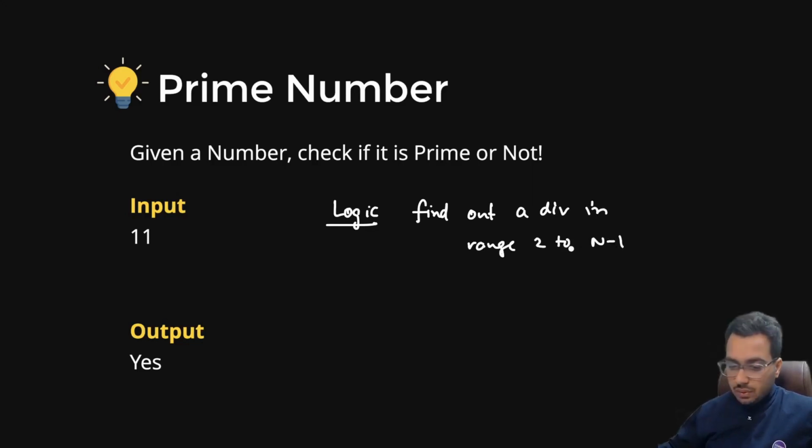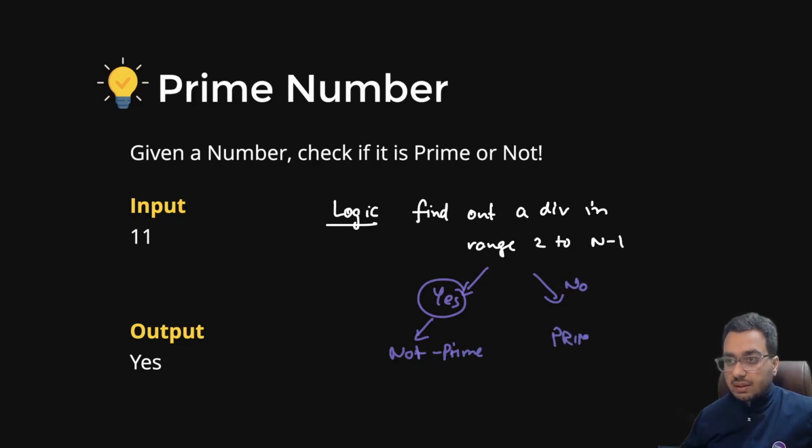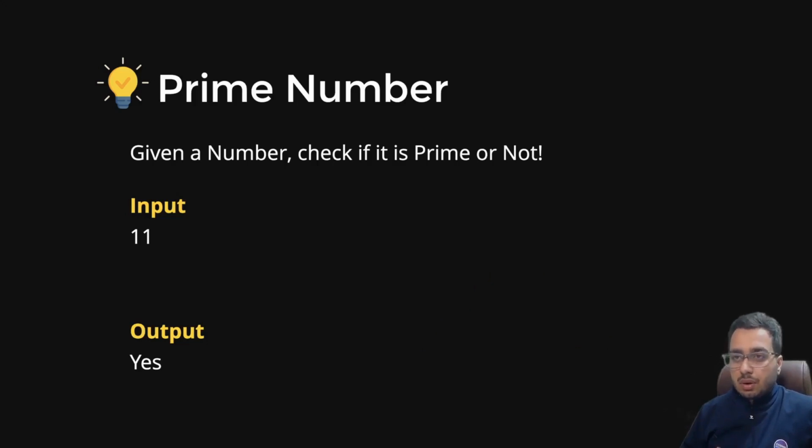If the divisor is found, if you are able to get a divisor, then yes, the number is not prime. And if the divisor is not found, then you can say the number is prime. This is how simple it is to prove a number is prime or not.